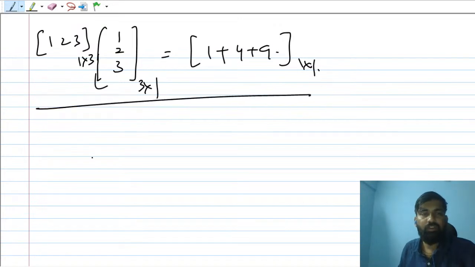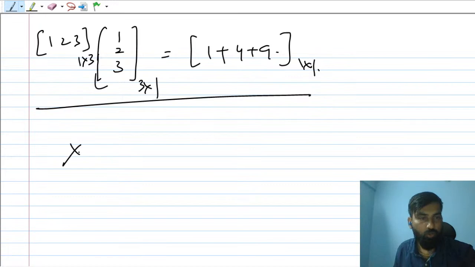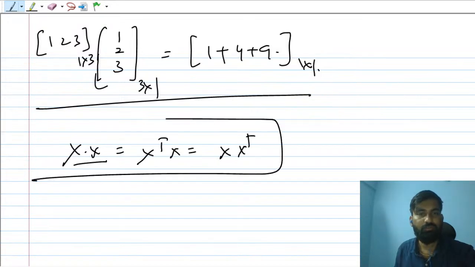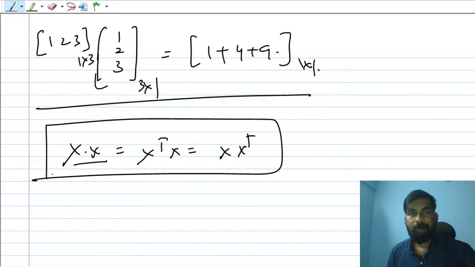You see here, if you are going to take the dot product with itself, the vector itself, you can write this as x transpose x. I hope this makes sense to everybody. Okay, you guys can watch these sessions any number of times.